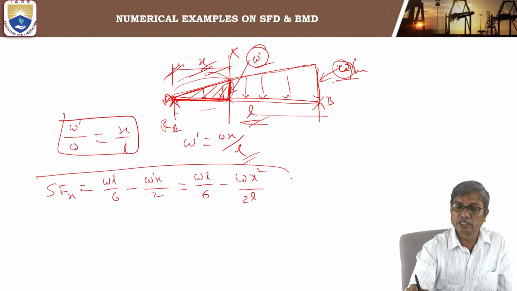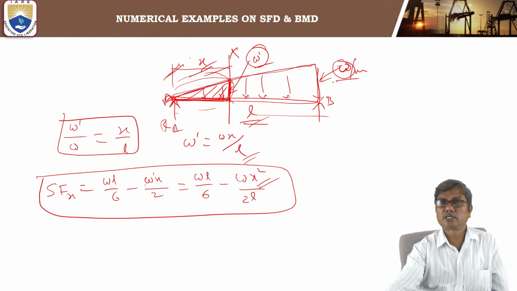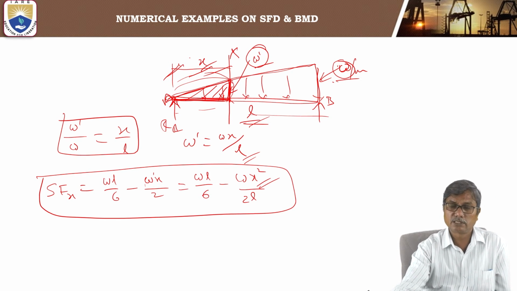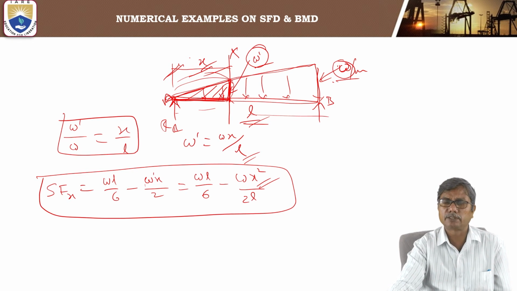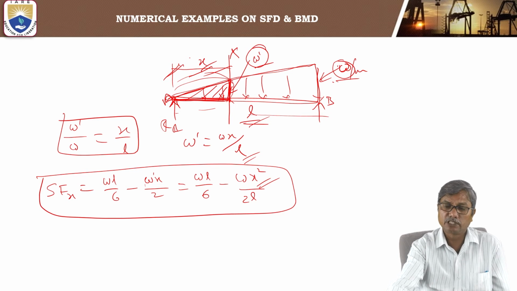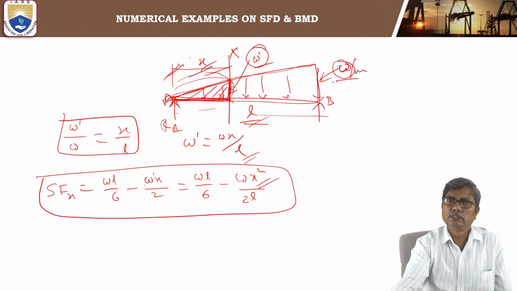Now if you observe this equation for shear force, it varies as the square of the distance. It means the variation of shear force is parabolic. It is not linear. In case of uniformly varying load, the variation of shear force is parabolic.